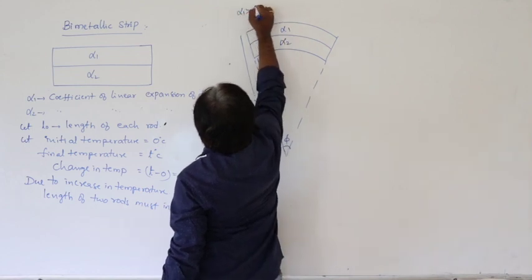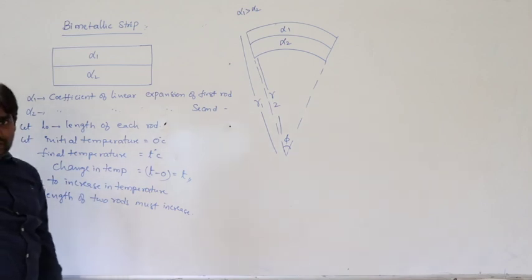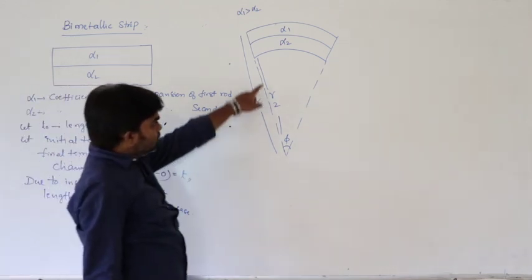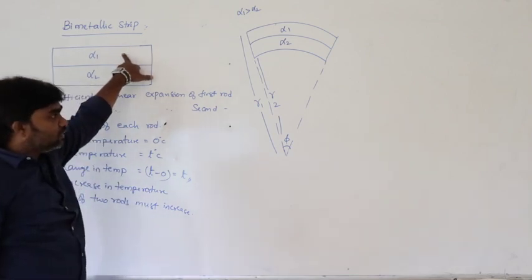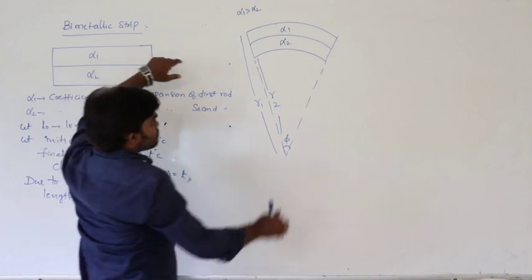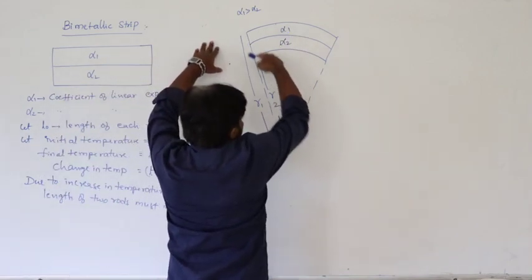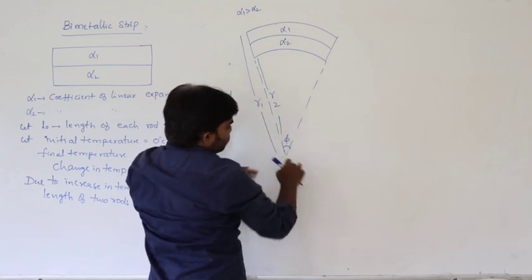Here alpha 1 must be greater than alpha 2. If alpha 1 is greater than alpha 2, then it bends like that. That means the first rod expands more than the second rod. So, when alpha 1 is greater than alpha 2, it bends like this and makes an angle phi at the center.